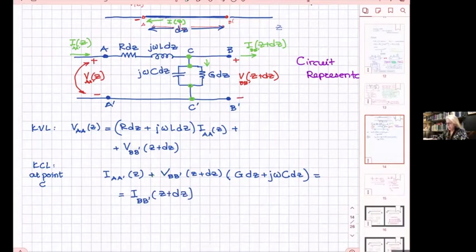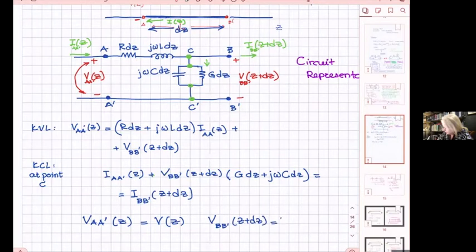Now, I have the following. V_AA' of z is nothing but V of z practically, but I called it V_AA' to know that it is applied to this node. And V_BB' of z plus dz is nothing else but V of z plus dz.